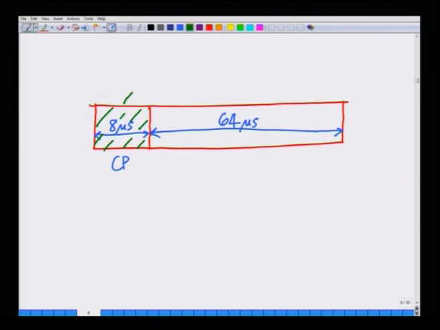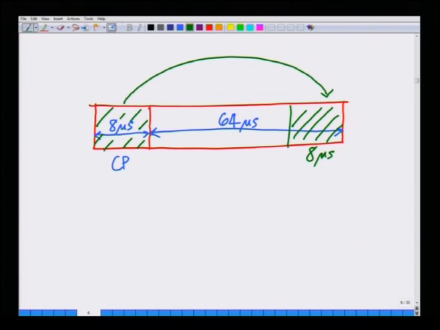In fact, this 8 microsecond is drawn from the last 8 microseconds of the OFDM symbol. It is not removed, it is simply copied and prefixed before the OFDM symbol.